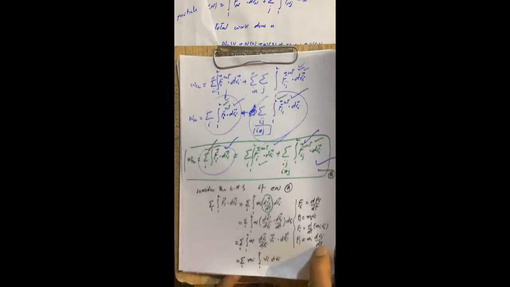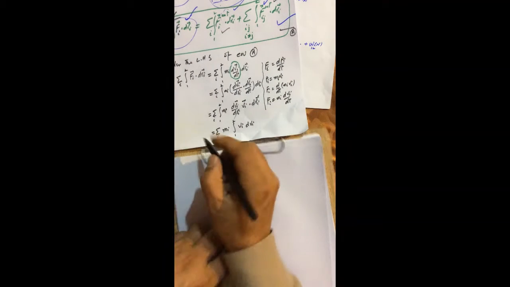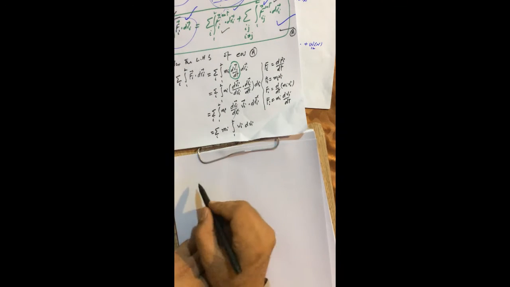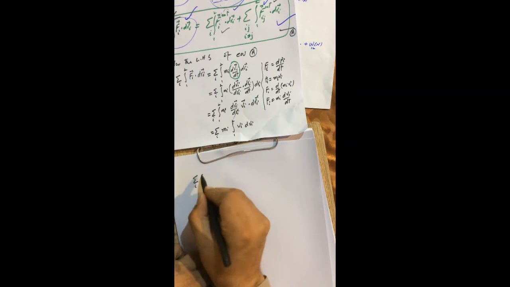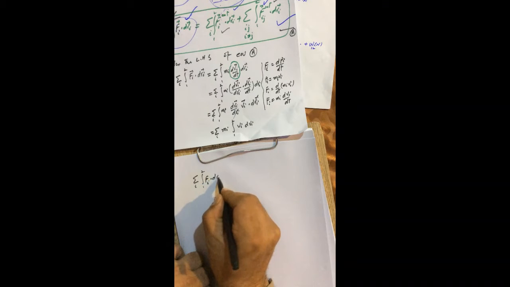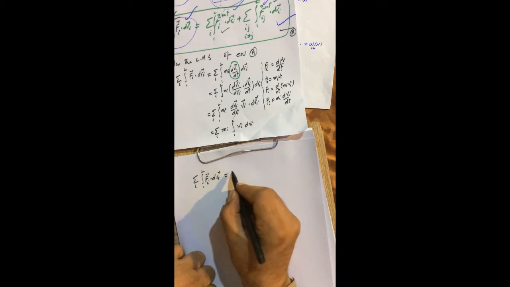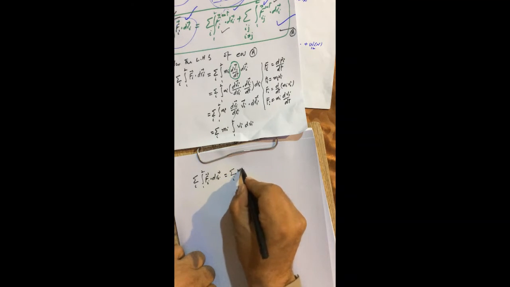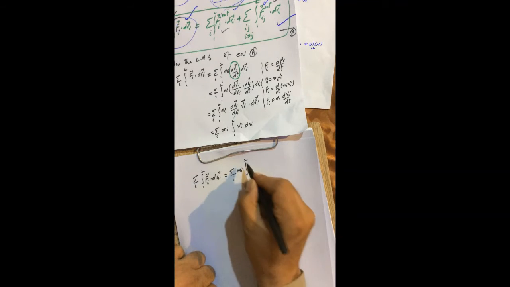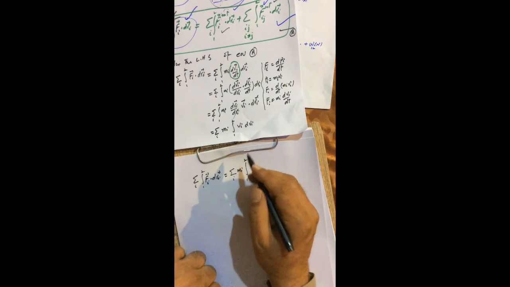Now this can be written like this. On this side we have sum over i, integral from 1 to 2, Fi dot dri, which is equal to, on this side, sum over i, mi, integral from 1 to 2, vi dvi.